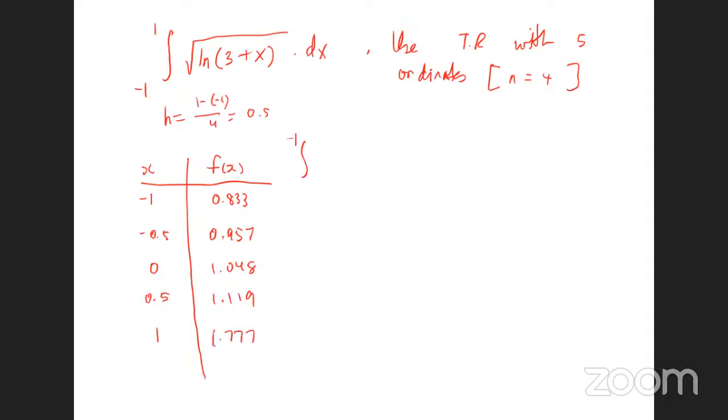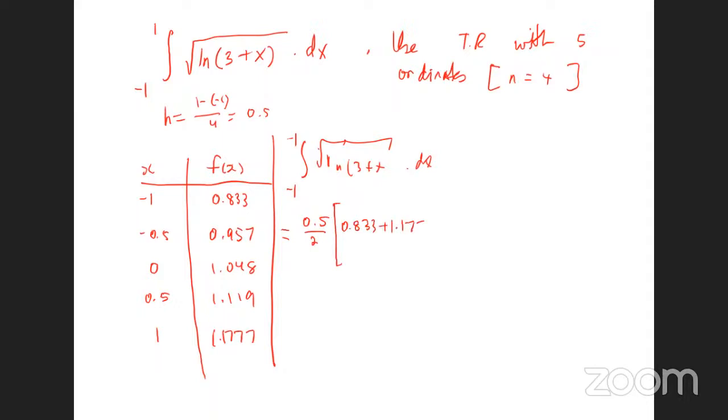So the integral from minus 1 to 1 of the square root of ln 3 plus x. So it's 1.177. Same thing, formula h over 2, sorry, h over 2 times the first y value plus the last y value plus 2 times all the other values.